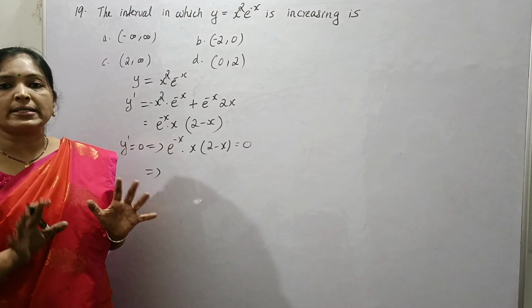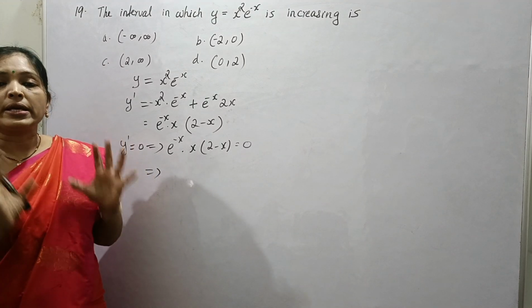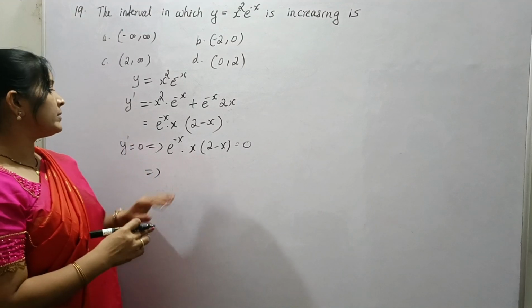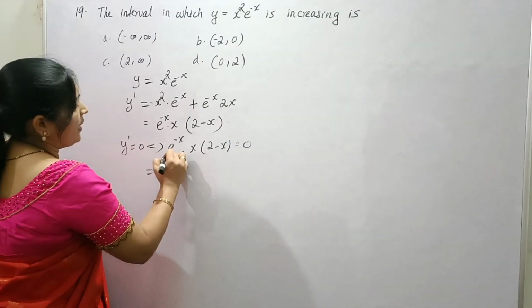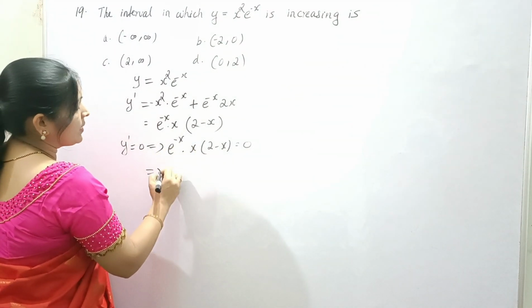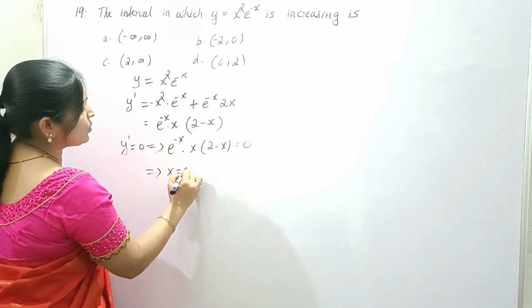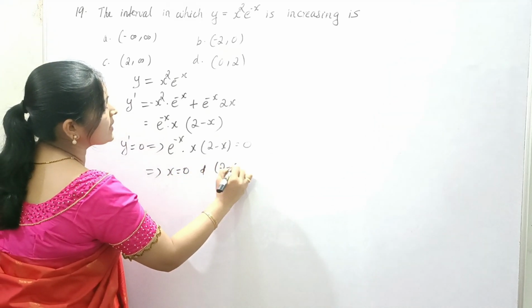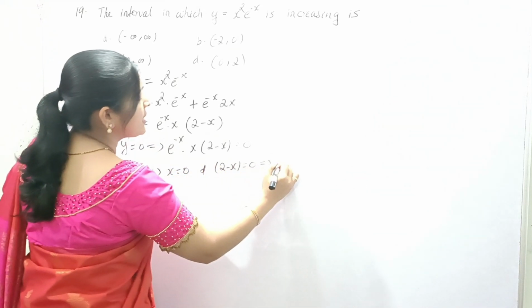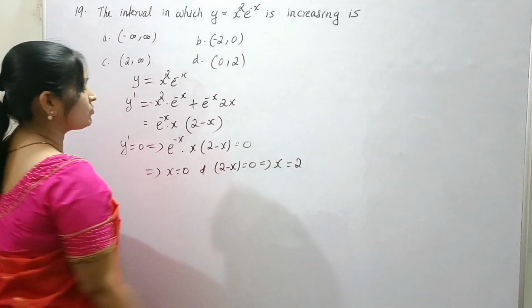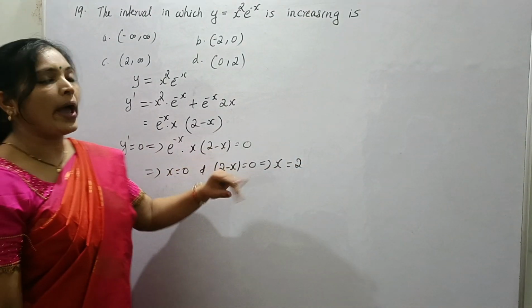It is not equal to 0, it is always greater than 0. Therefore, it is not equal to 0. So it is positive, and here x is equal to 0 and 2 minus x is equal to 0, that implies x is equal to 2. So the critical values are 0 and 2.